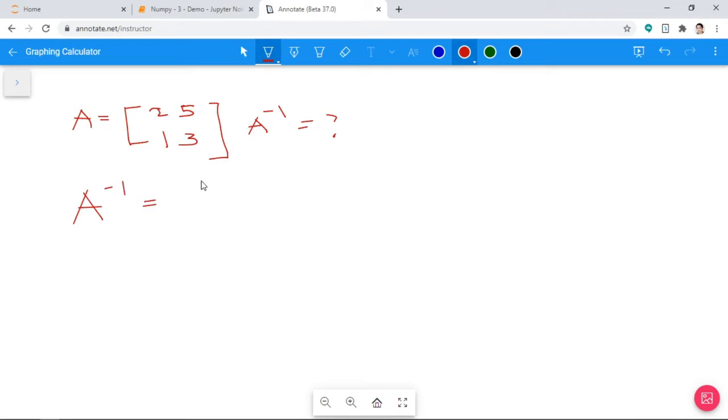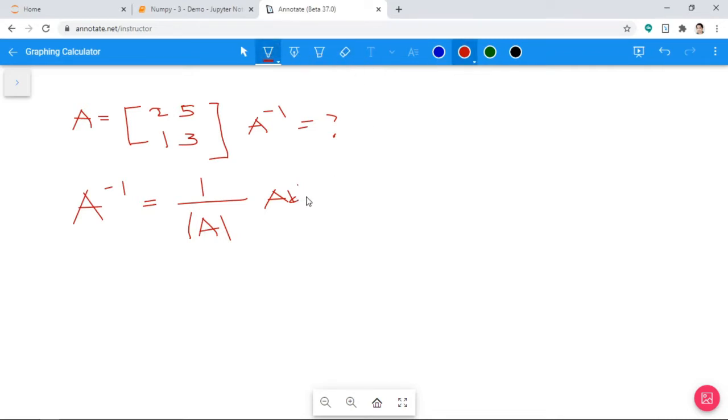The formula for this one is 1 over the value of its determinant, multiplied by the adjoint. I'm writing here, not adjunct, sorry about that, adjoint.